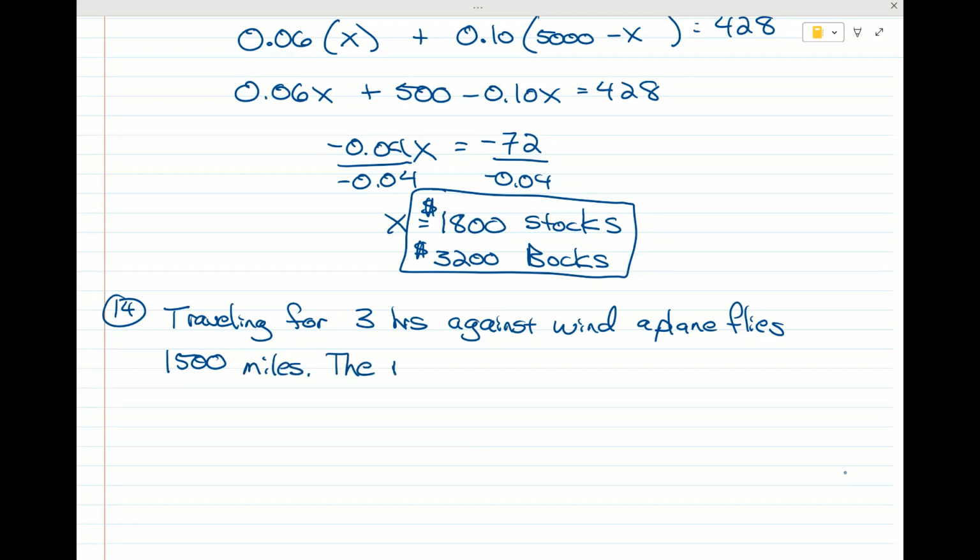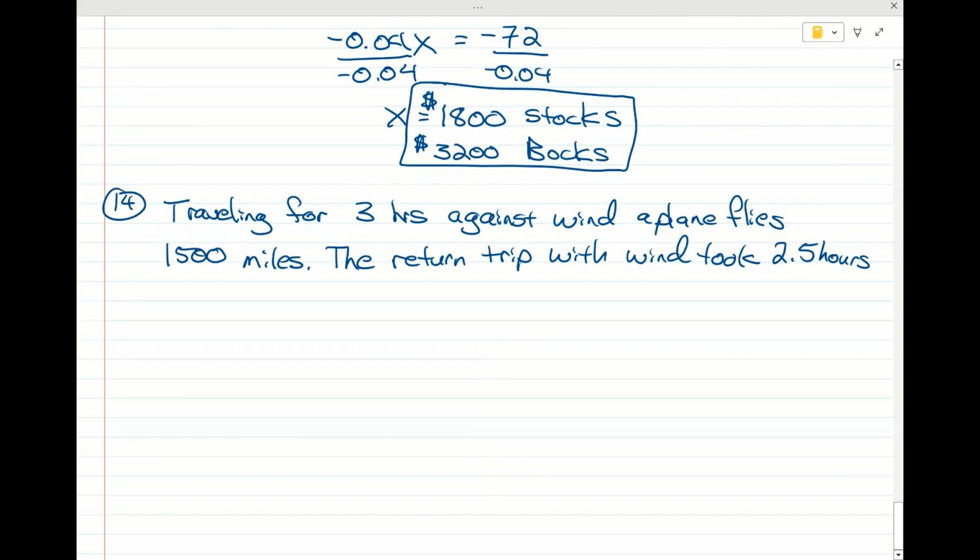The return trip with the wind took 2.5 hours. Find the speed of the plane in still air.